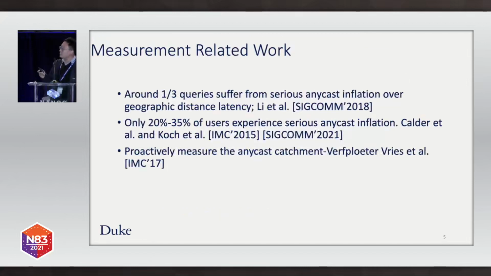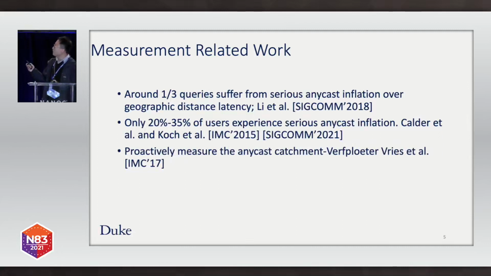Several previous works have also confirmed this scenario. Three years ago at SIGCOMM, Li et al. claimed that around 1/3 of DNS queries actually suffer from serious Anycast inflation. That's the thing we just discussed: clients cannot always select the most efficient Anycast sites.